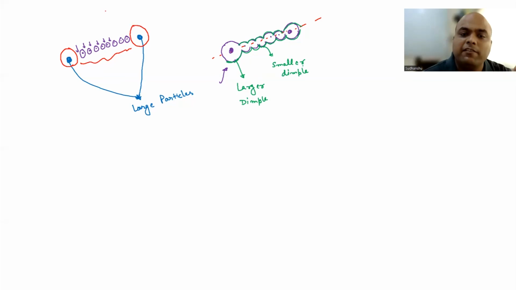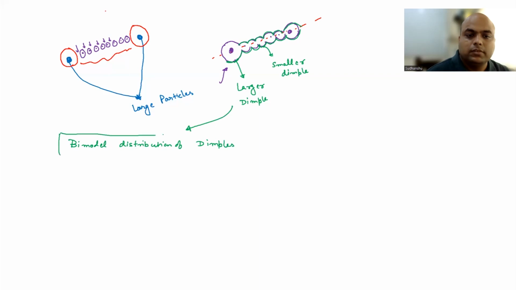Okay, and then you have larger dimples because of the growth. Okay, so now you see a bimodal distribution of dimples. Okay, because we have a bimodal distribution of particles.